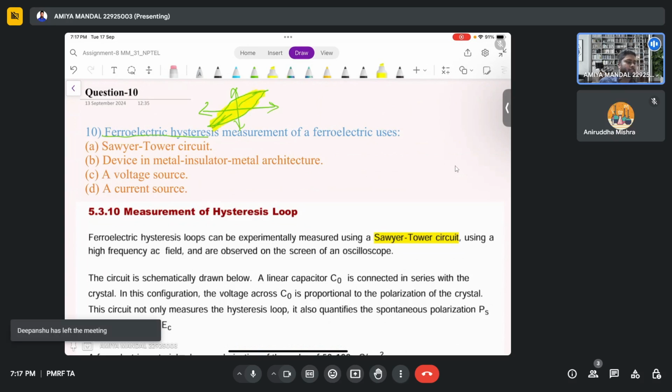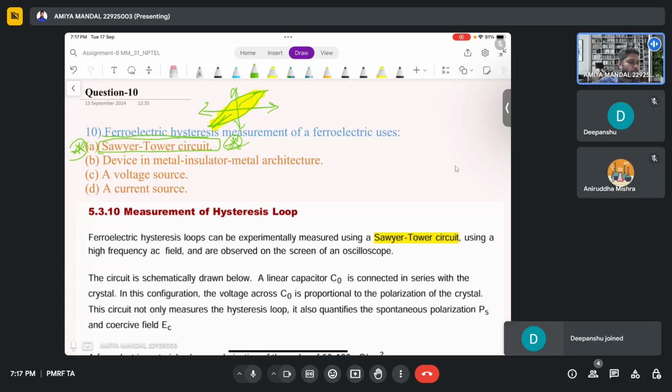For this hysteresis measurement, which circuit is used? The Sawyer-Tower circuit is used. A device in metal-insulator-metal architecture can also be used, and we also use a voltage source. So these three options are correct.